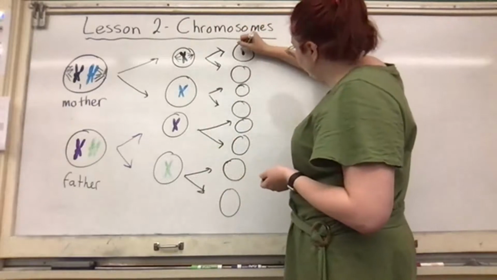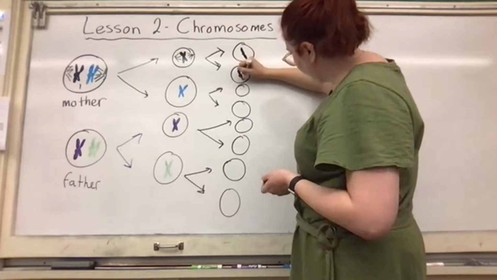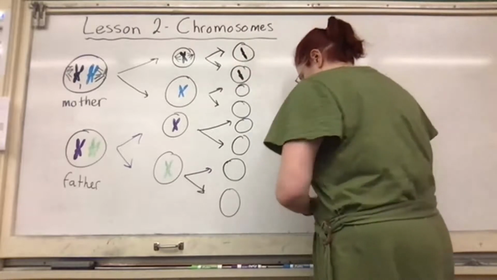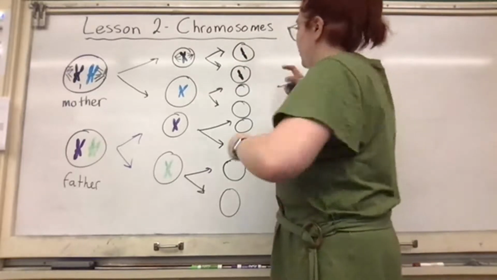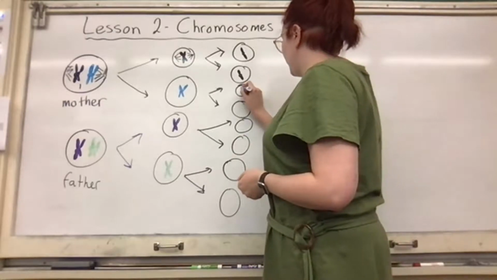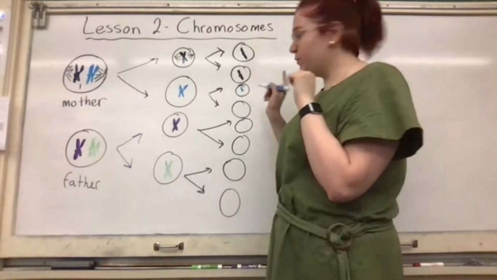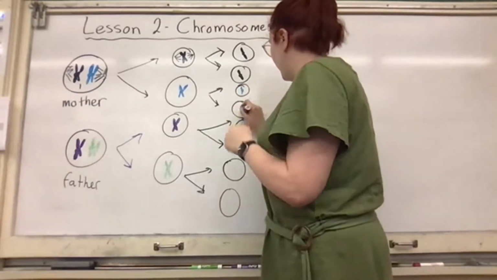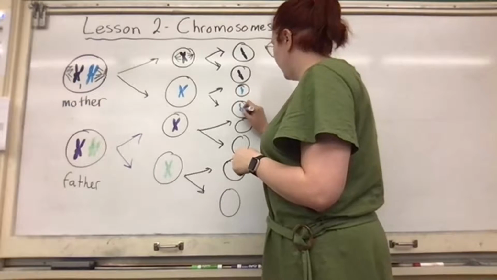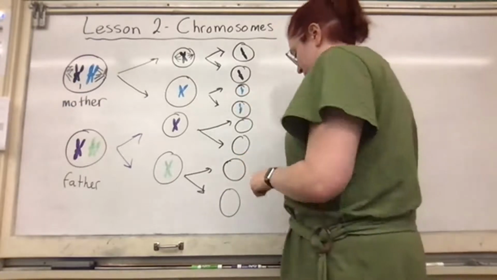So now each of these has an unreplicated chromosome. So your mother will have half of her eggs with the genes from the chromosome 1 from her mother. Half of her eggs will have the chromosome from her father.